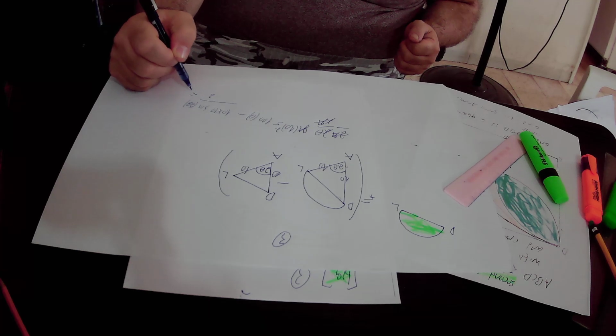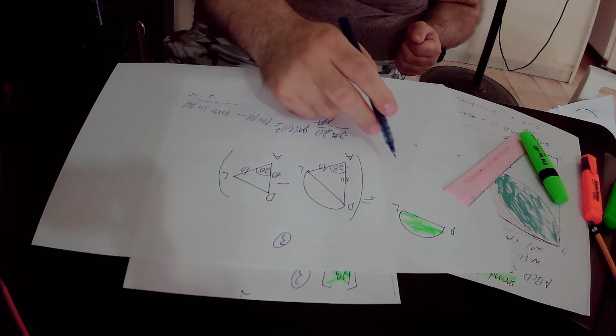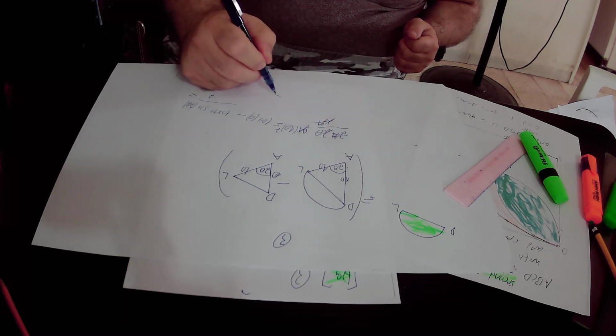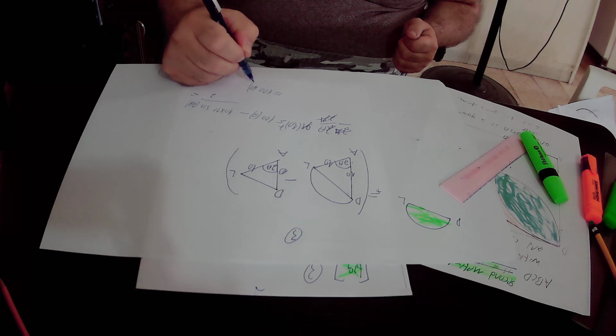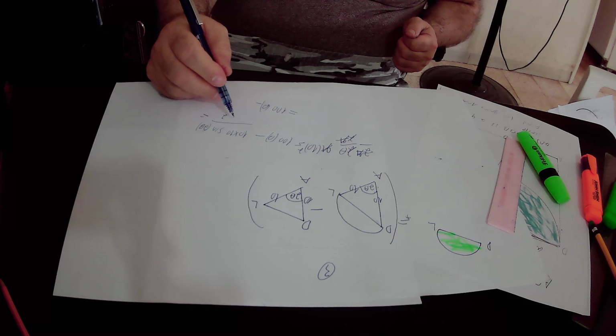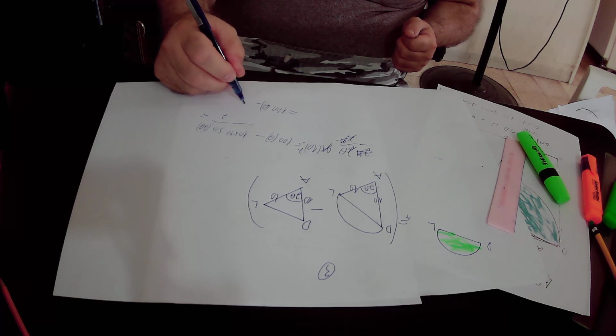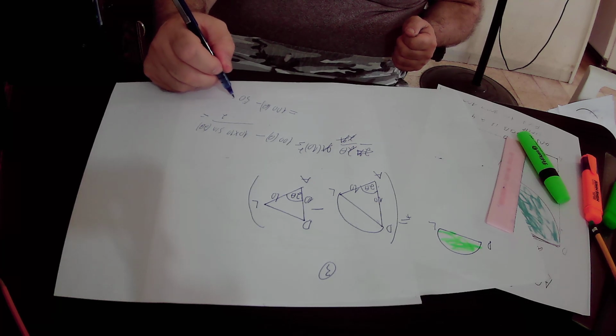So in conclusion, the area of circular segment DL equals 100 times theta minus 10 times 10 is 100, 100 over 2 is 50, so 50 times sine 2 theta.